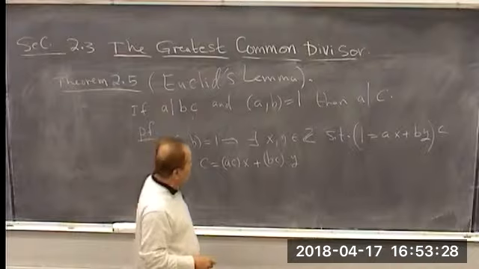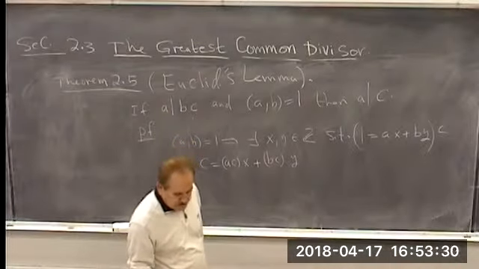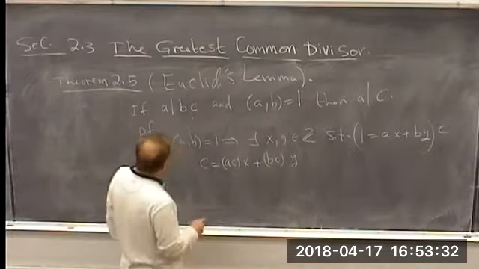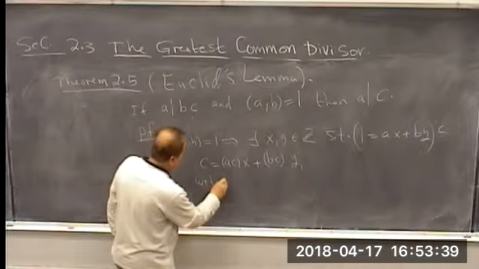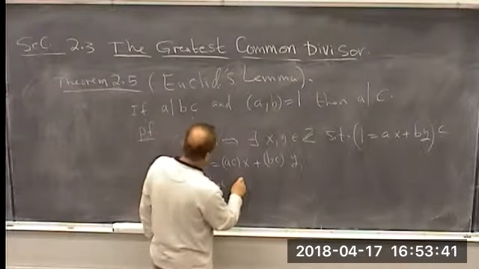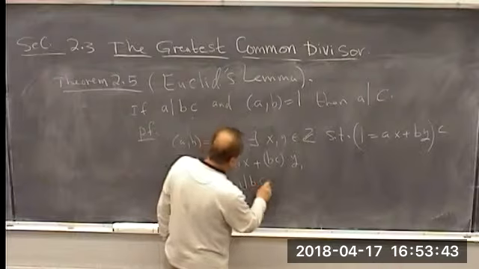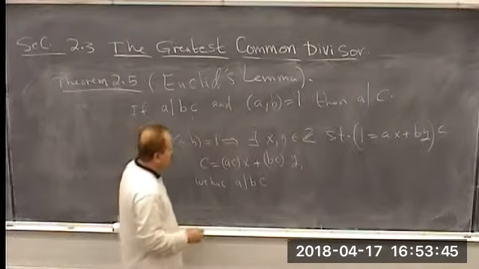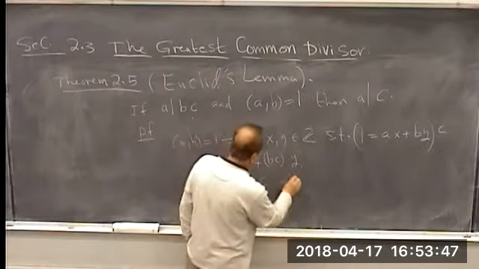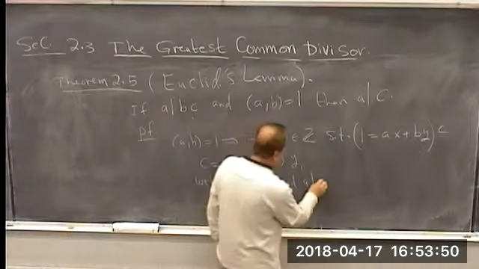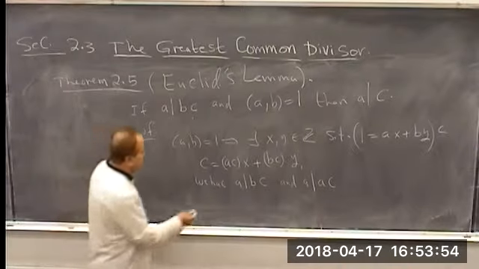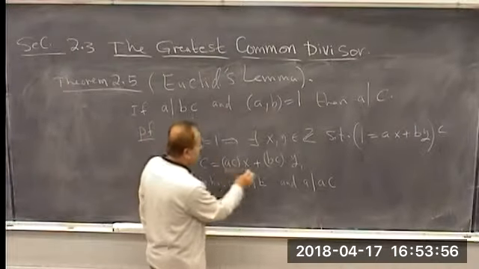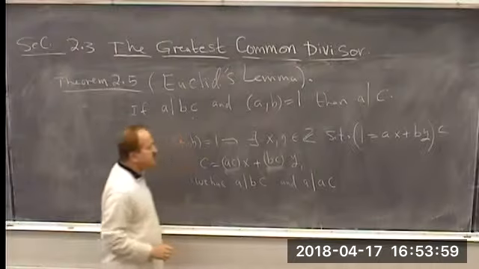Now I know that A divides BC, all right, and A divides AC, all right. So it divides this and this.